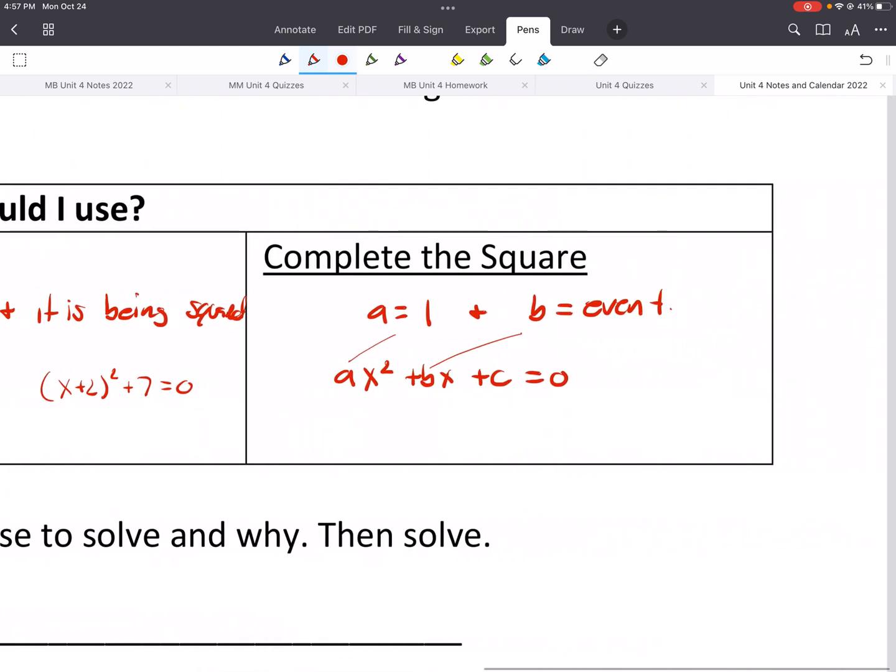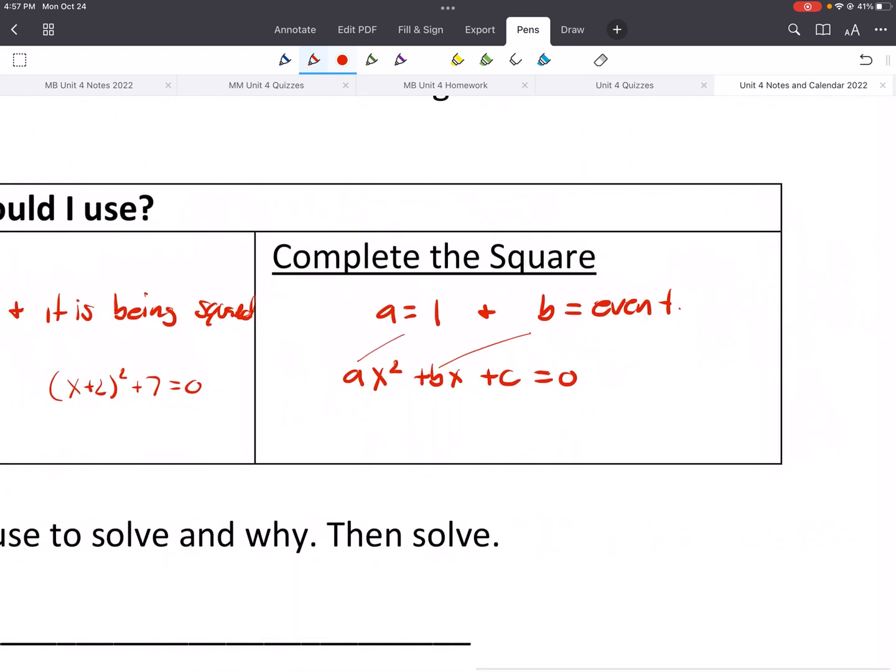And then completing the square works really well if a is 1 and b is even. It probably takes a little bit longer than factoring, so again, see if you can factor first. But everything that can be factored can also be done using completing the square.